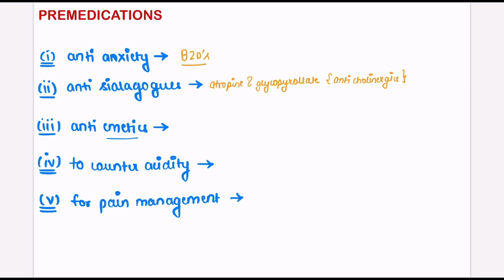We don't want post-operative nausea and vomiting, therefore we give antiemetics like ondansetron, which is a 5-HT3 blocker, or steroids like dexamethasone.